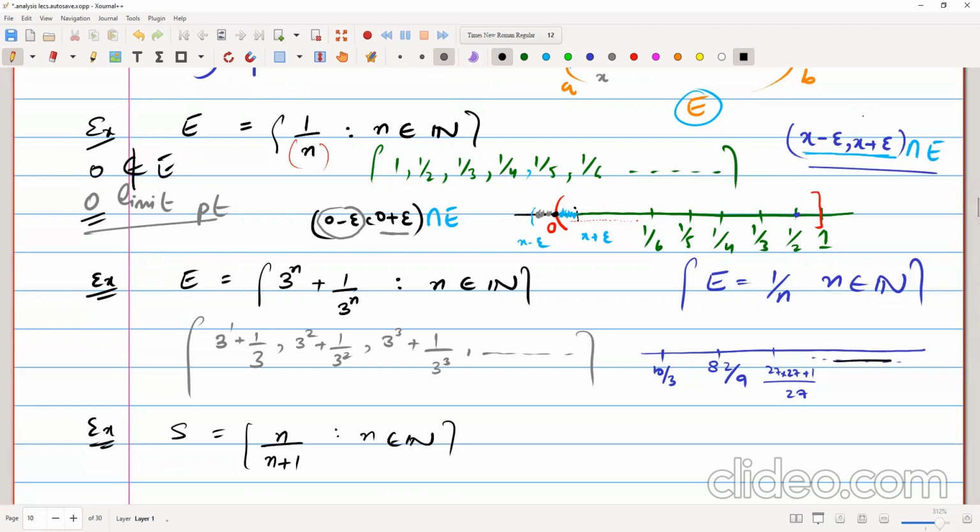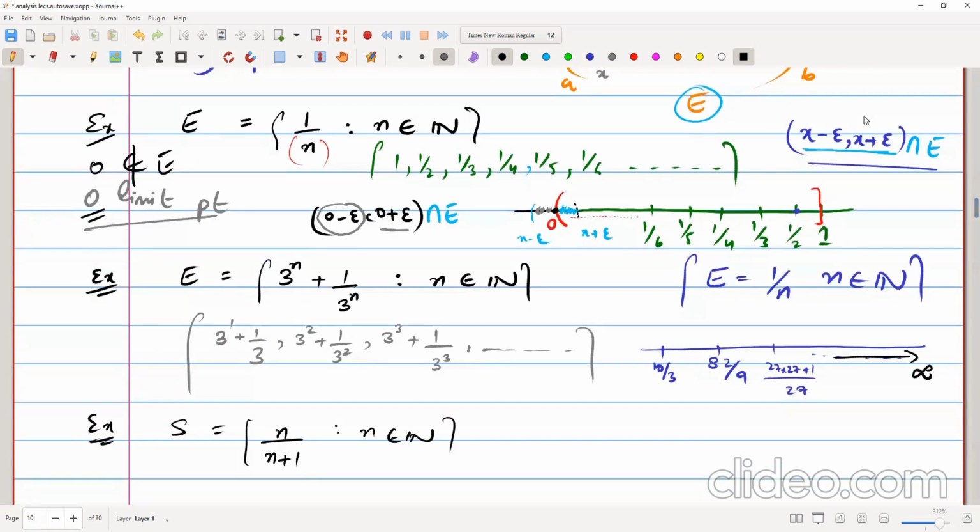And this is moving towards infinity. Somewhere on infinity, but we cannot figure out around what number the points are going to accumulate. So again, we fail to find any limit point. No limit point exists for this set.